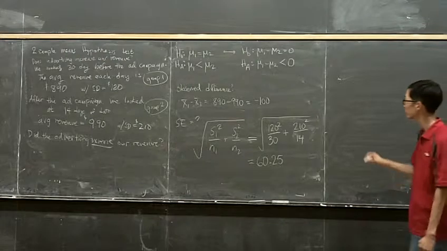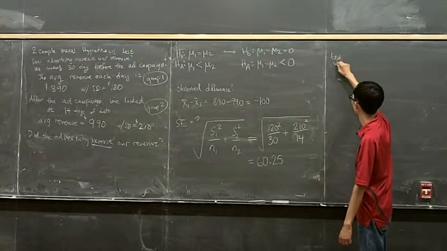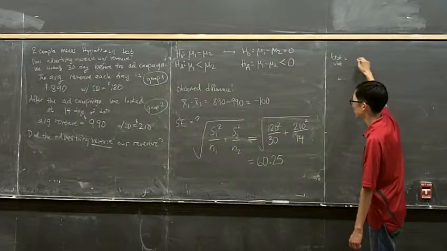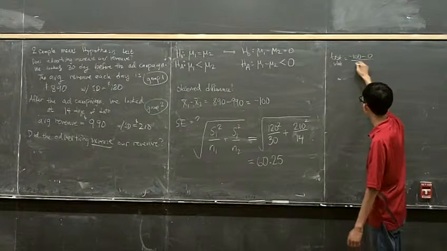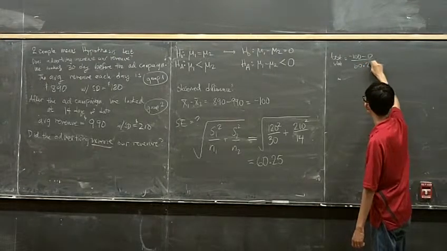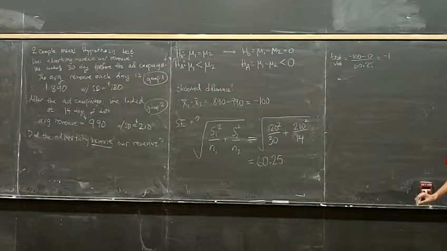Alright. So, what is my test statistic? 1.771. Yeah, I do negative 100 minus 0 over my standard error, 60.25. I get negative 1 point what? Oh, 1.66.